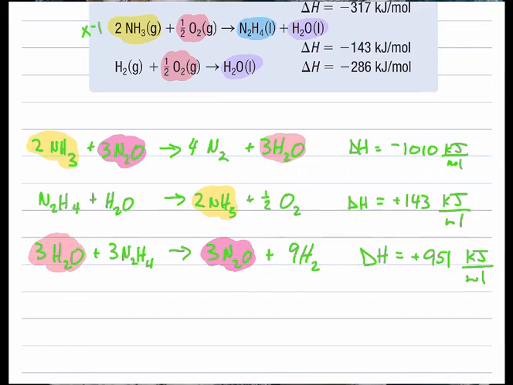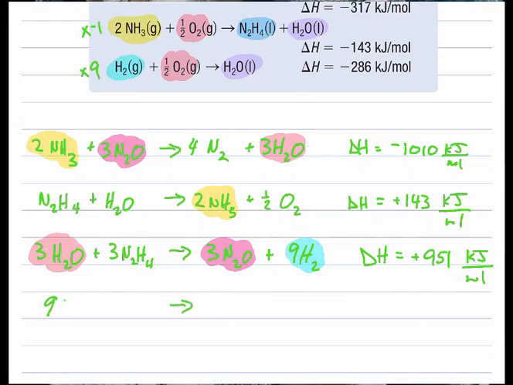And let's see where we are. We have 9 hydrogens that we need to cancel out, and in this equation here we have 1 hydrogen, and it's a reactant just where we need it to be, but we need to have 9 of them, so we're going to multiply by 9.